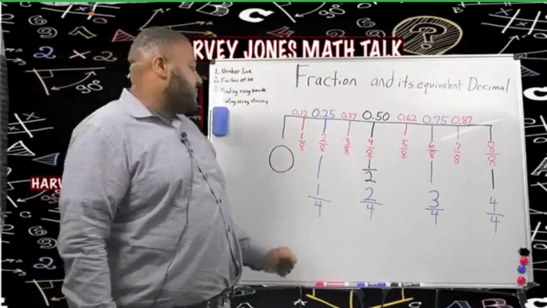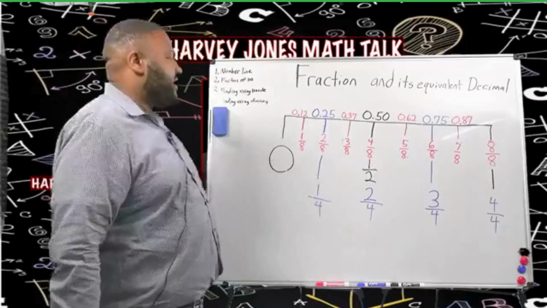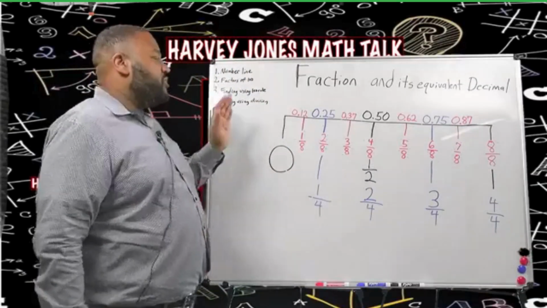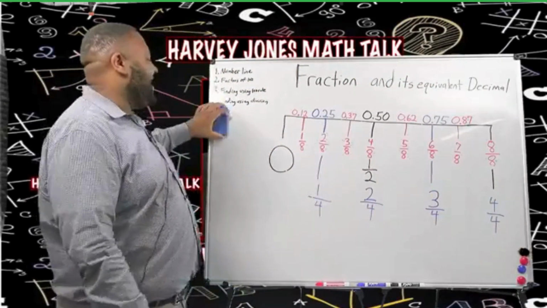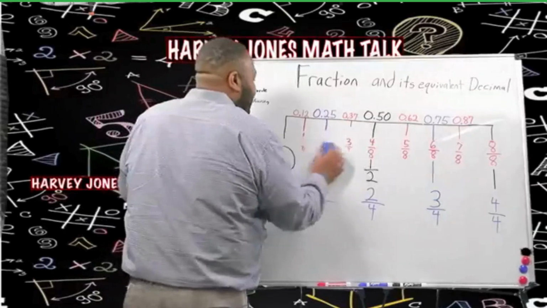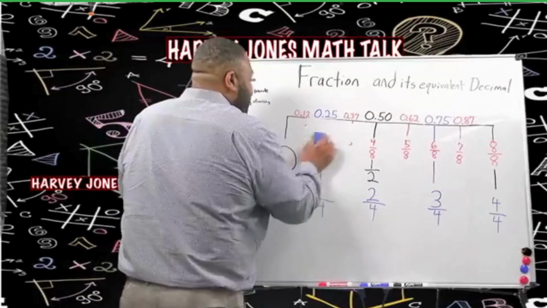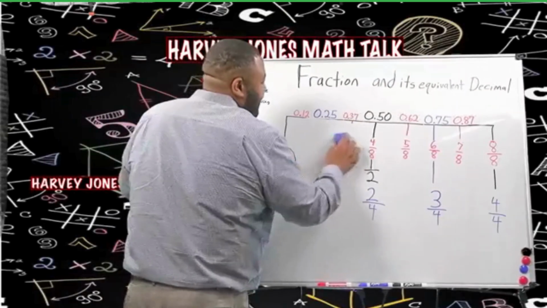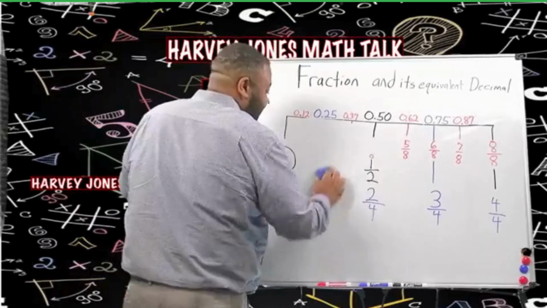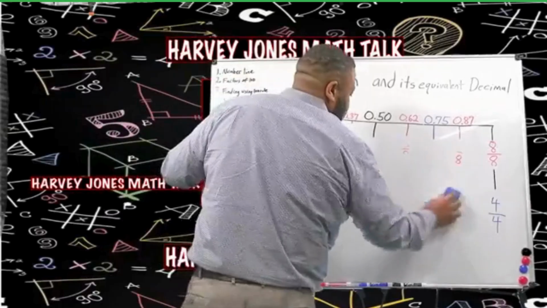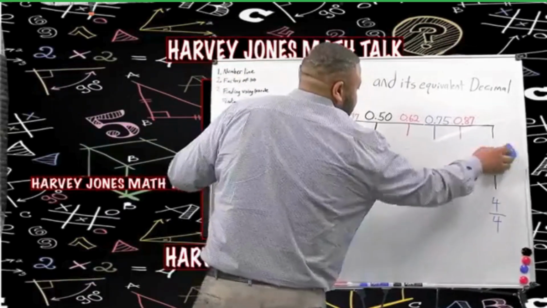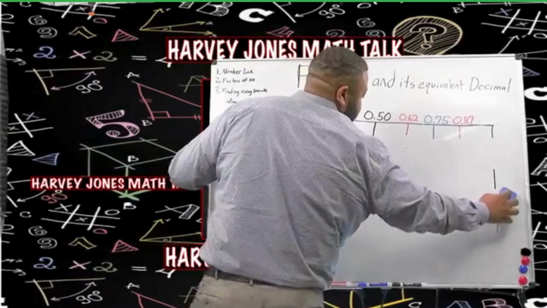Okay? Questions or concerns with this right here? I'm showing you the different pieces of our number line right here. Please understand, with my number line right here, the key pieces that you need to understand is the half, and the 1.